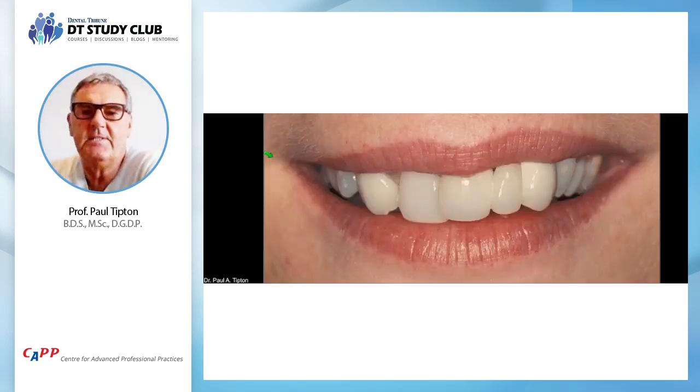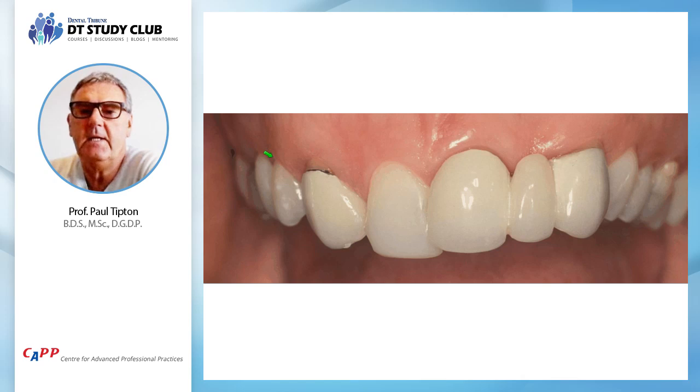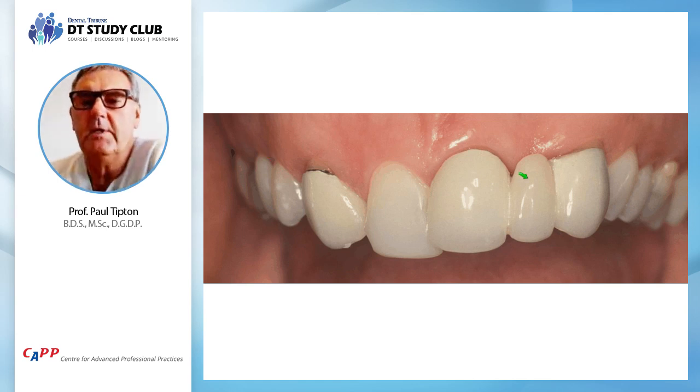You can see that the center line is off. She's got restorative dentistry that's been done. Let's reflect the lips, and here you can see the smile. So we've got a bridge on the upper left-hand side, no bridge on the upper right-hand side. So straight away you can see, just here on the upper left 2, we've got an extra tooth.